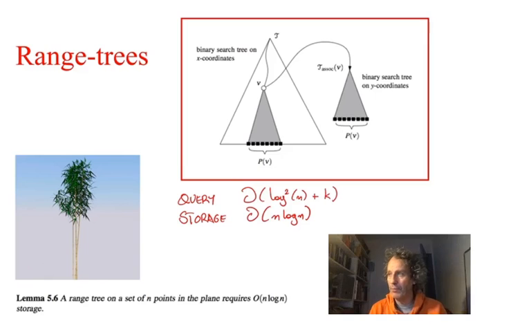So you will have a binary tree in the x coordinate, and at each intermediate node you will store an additional binary tree, and that will give you a cost of n log n. You will tell me it will be n squared?